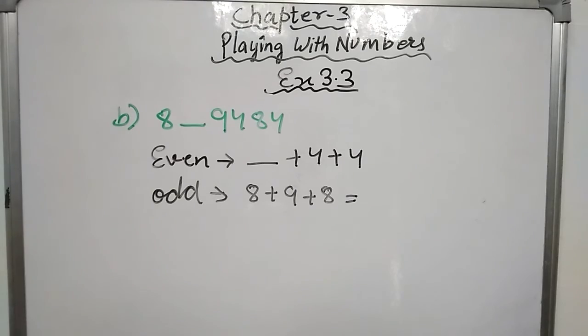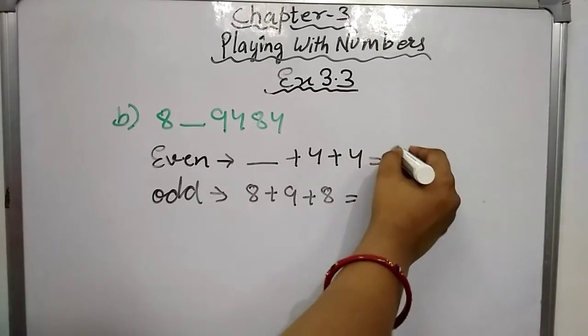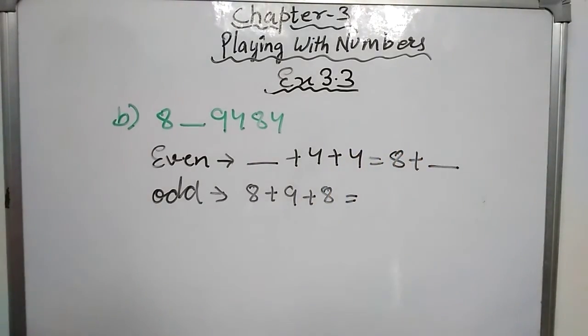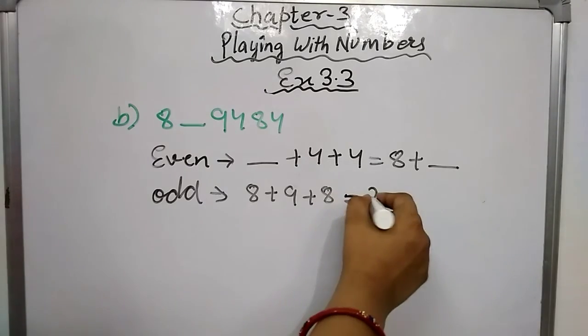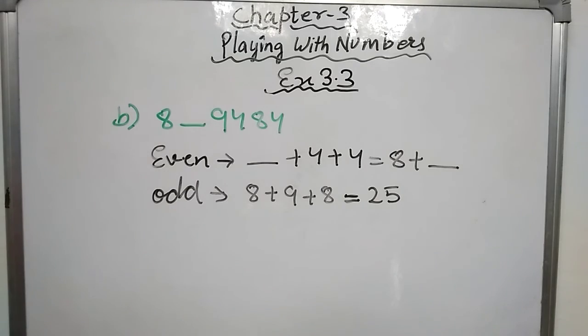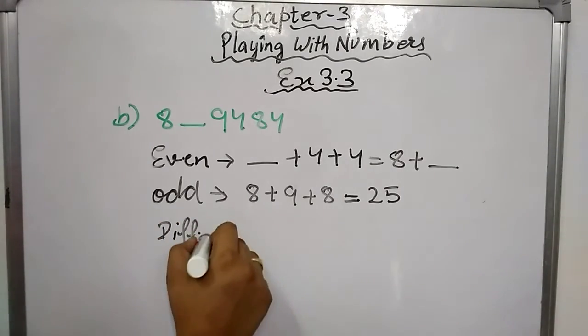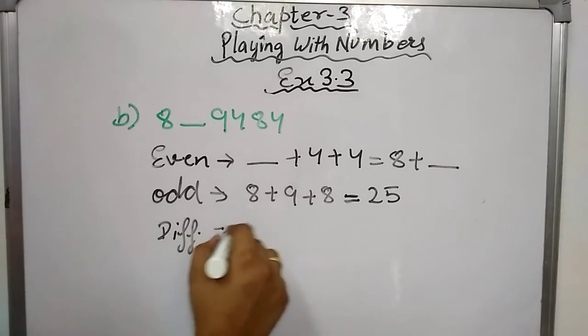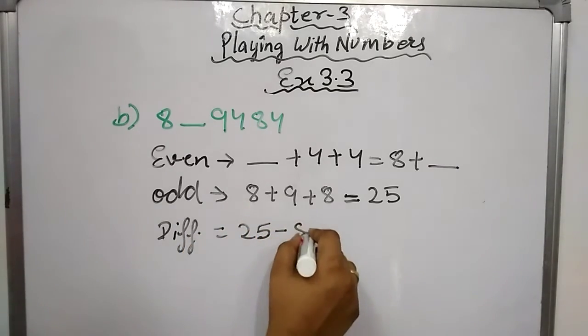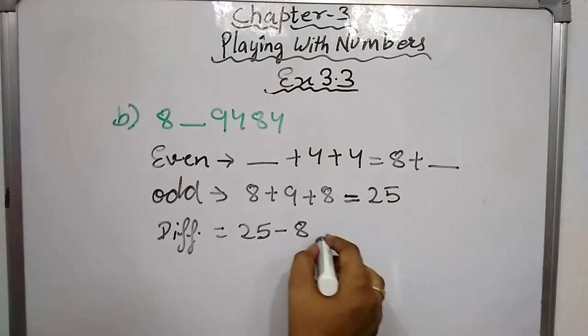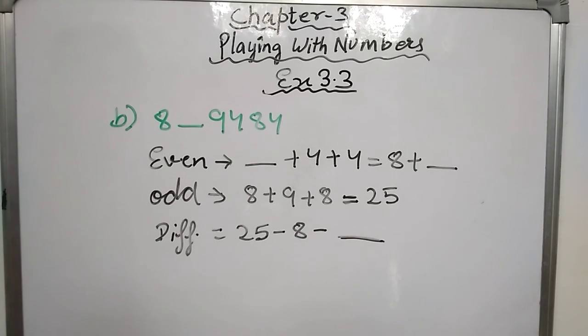On addition, this gives a sum of 8 plus the required digit, and this is 25. Now the difference, minus 8, required digit.